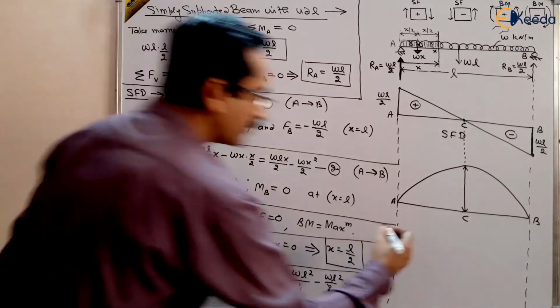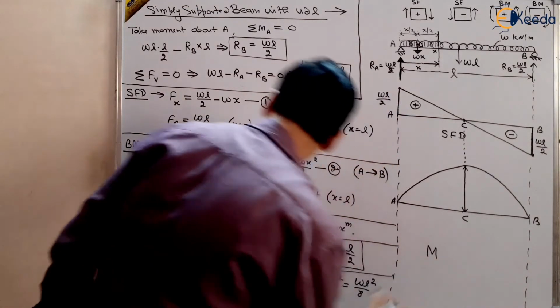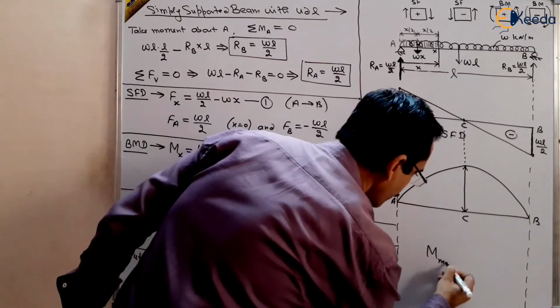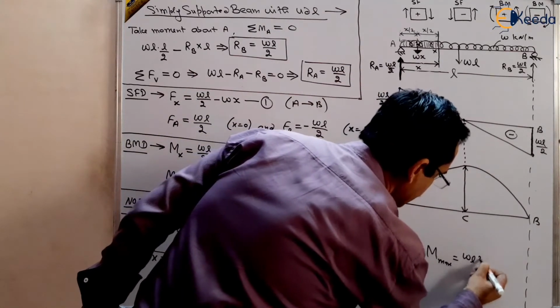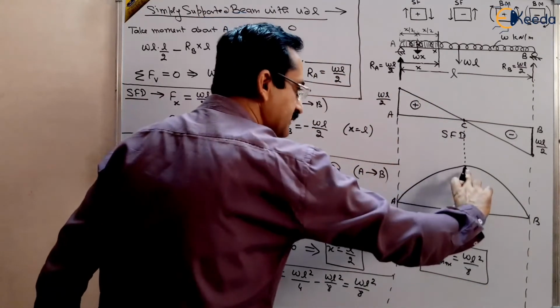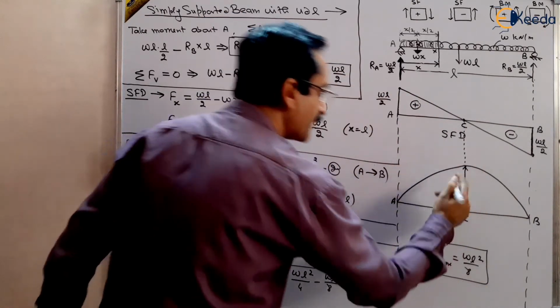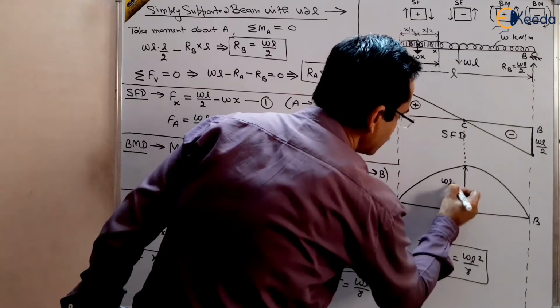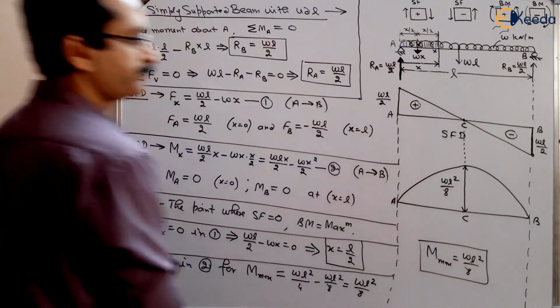So maximum bending moment is WL square by 8, right? So this we have found out. This length of the bending moment diagram is WL square by 8.